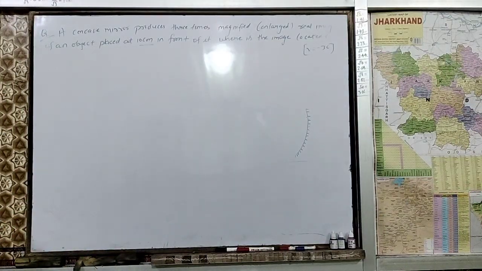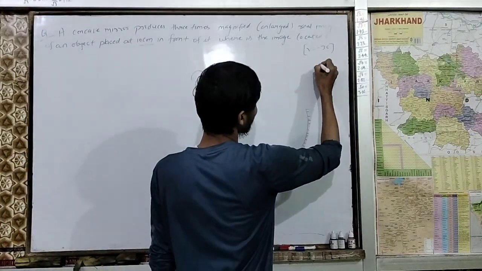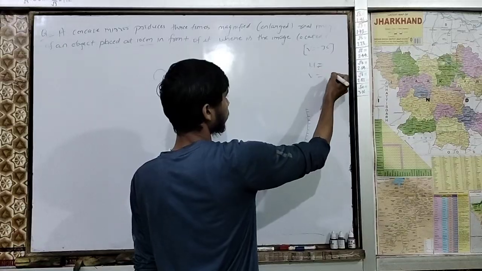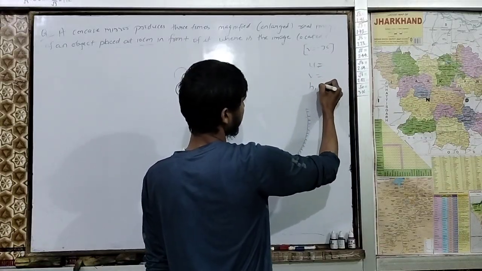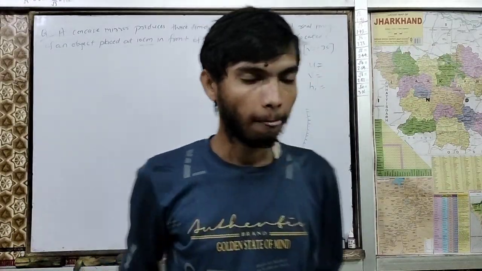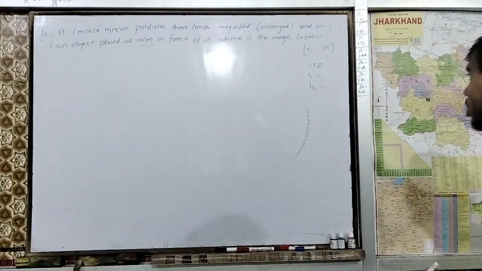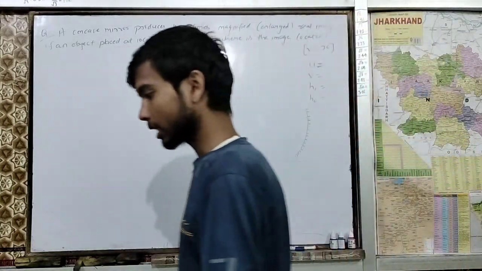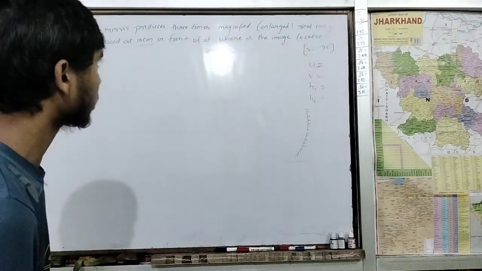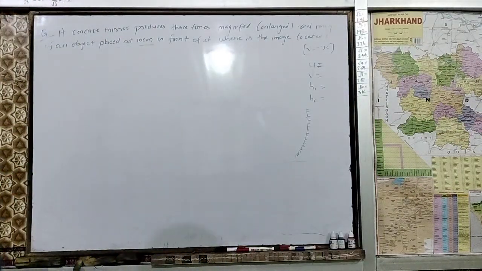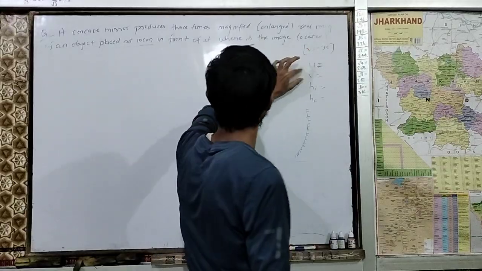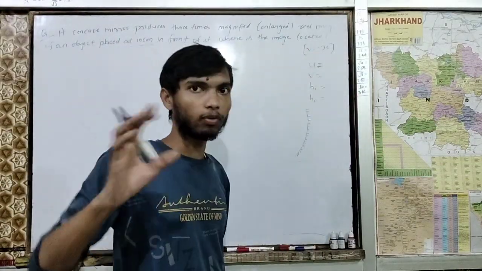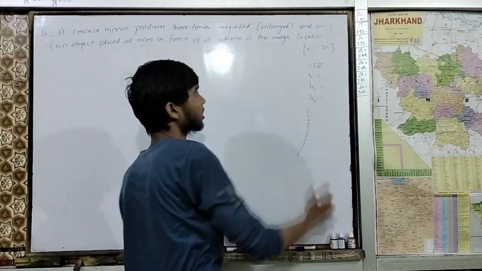We know that u is for object distance, v is for image distance, hi is for height of image, and ho is for height of object. Those are all things we already know. The question is saying find where the image is located. We are not going to find the height of the image because the question is not asking for that.